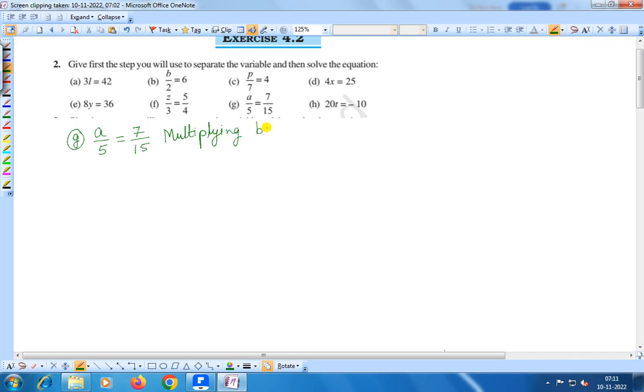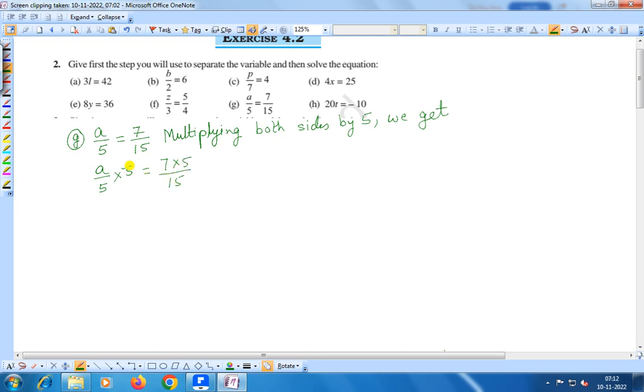Multiplying both sides by 5, we get a by 5 into 5 is equal to 7 into 5 by 15.